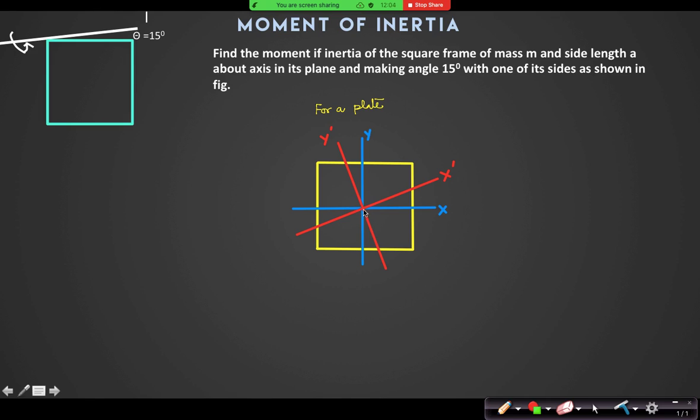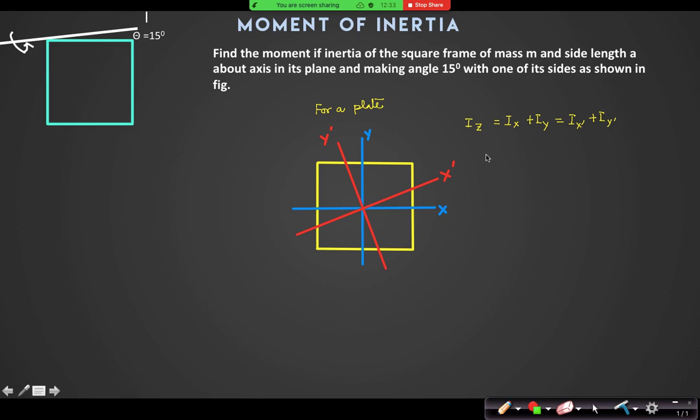Now the z axis is the same. Can you see the z axis does not change here? So Iz remains the same. Now, can I say that Iz is equal to Ix plus Iy, and that is also applicable for Ix prime plus Iy prime? Yes, sir.